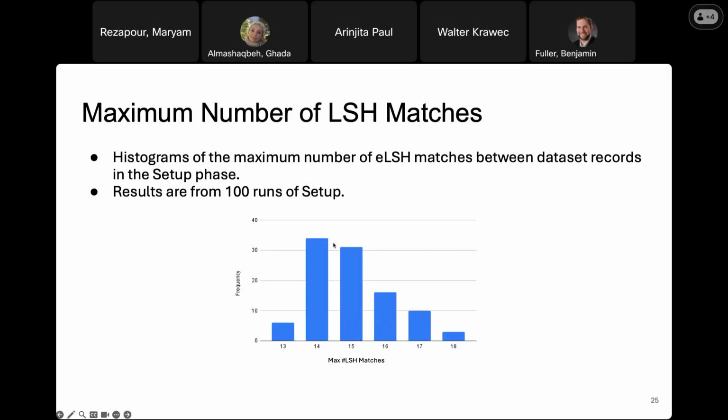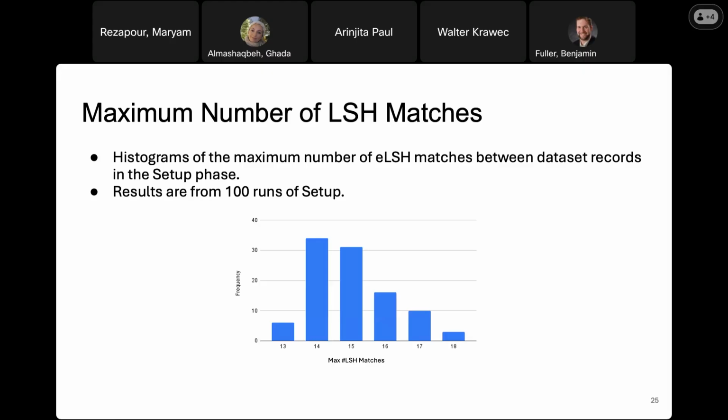So fixing one record and asking how many different LSHs does it collide with some other record? No, I'm not fixing a record. Through the setup, I'm seeing what is the common LSH evaluation across all the records, and I count that. And I do it 100 times, so I run the setup 100 times.